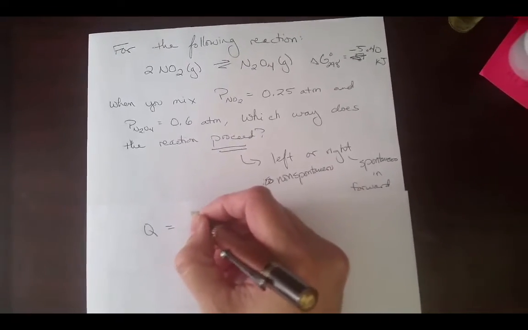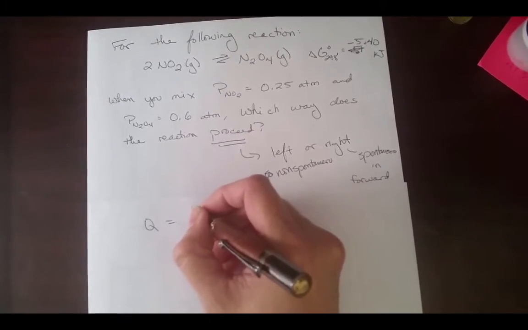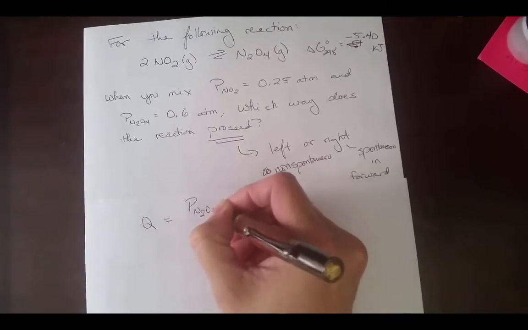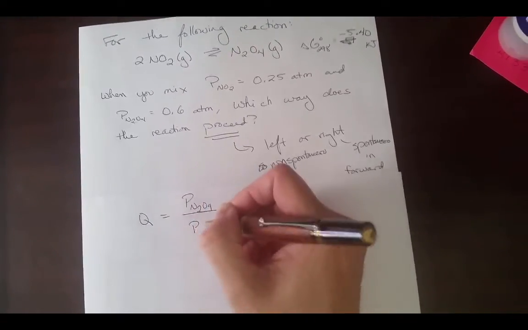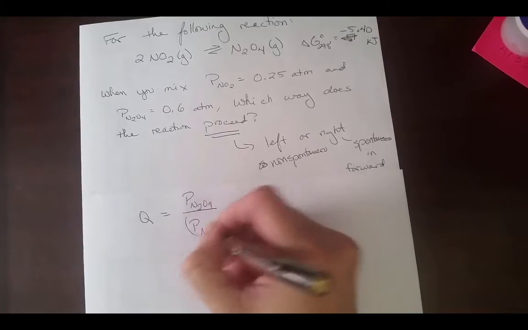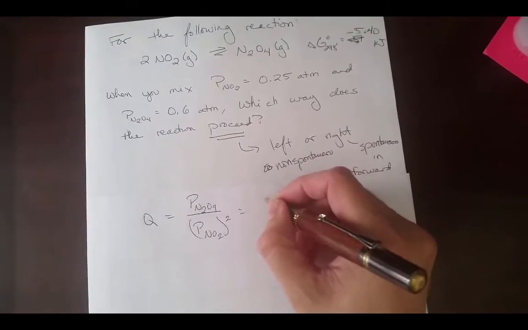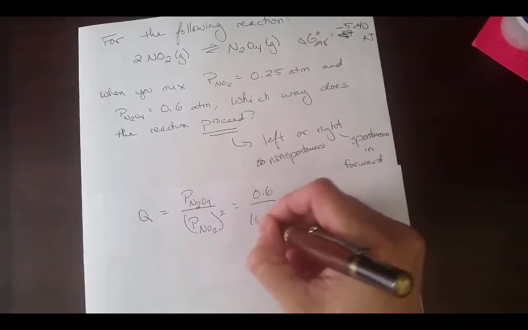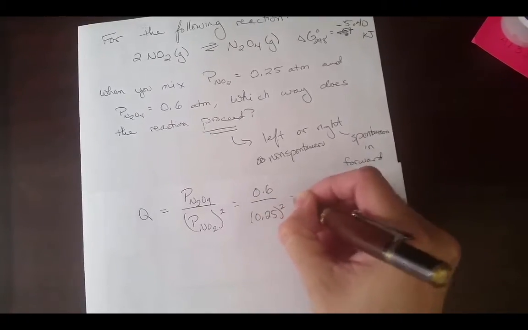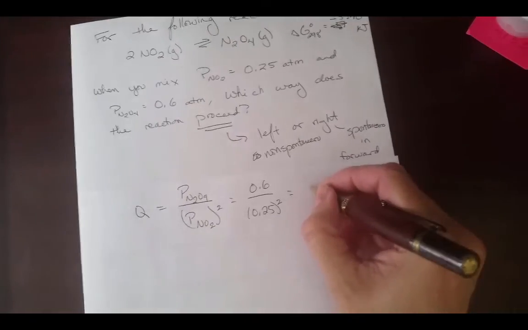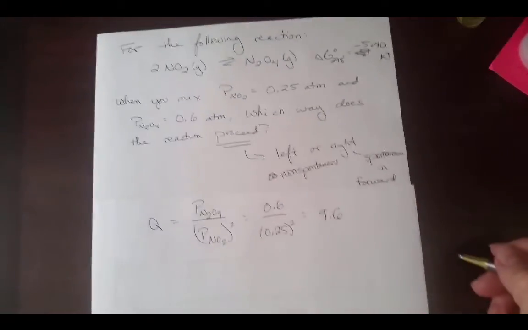So I could put my products over my reactants: my pressure of N2O4 divided by the pressure of NO2 squared. Once I plug in my pressures, 0.6 divided by 0.25 squared, I get a Q value of about 9.6.